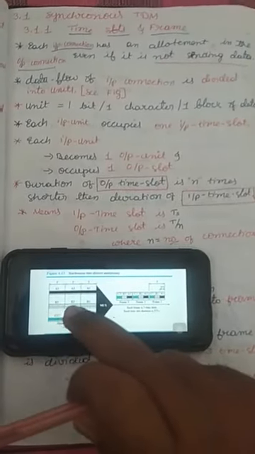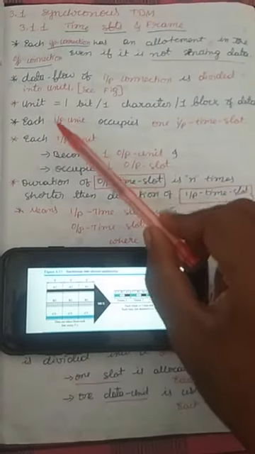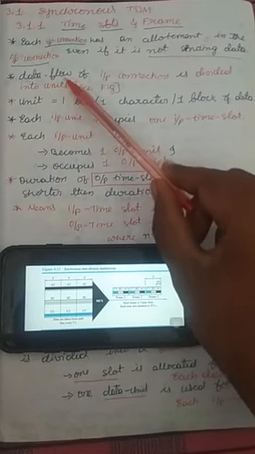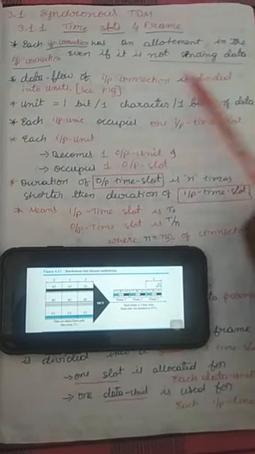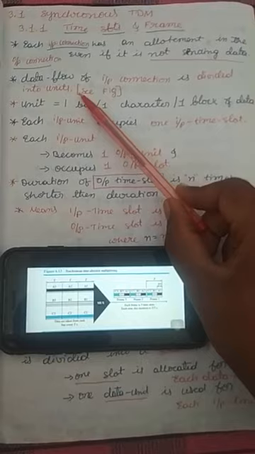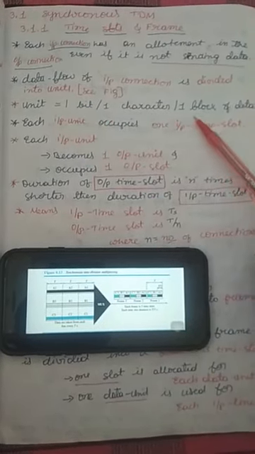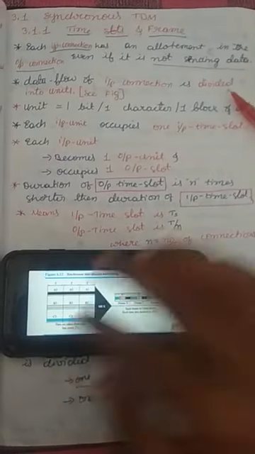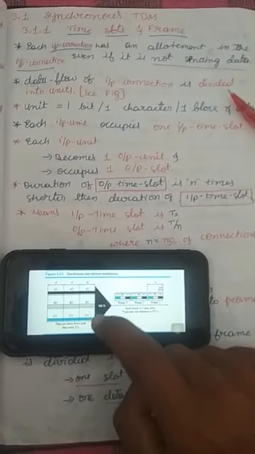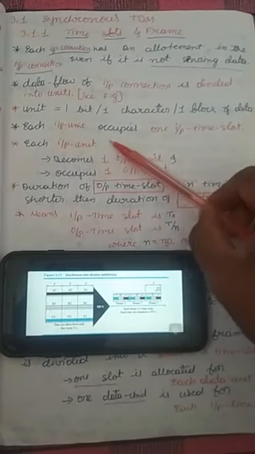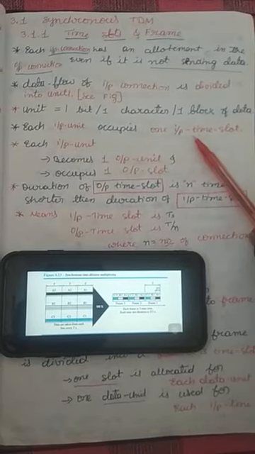Okay, I told you about data rate. Data flow of the input connection is divided into units. A unit is equal to 1 bit, 1 character, or 1 block of data. Here A1, B1, C1 are the units. Each input unit occupies 1 time slot.